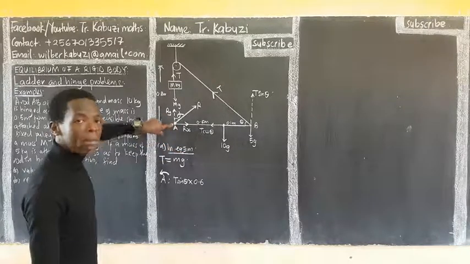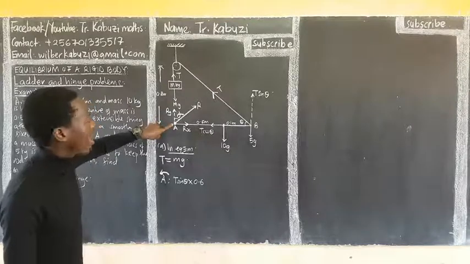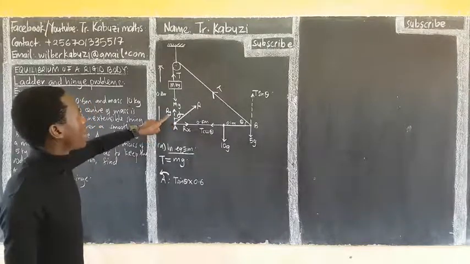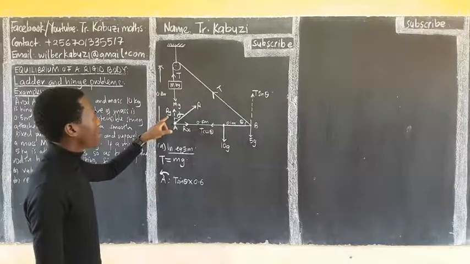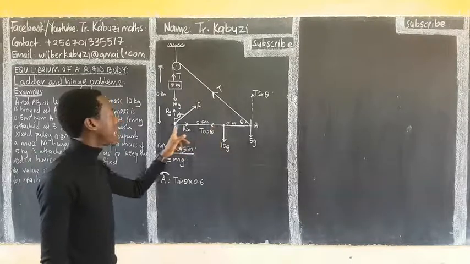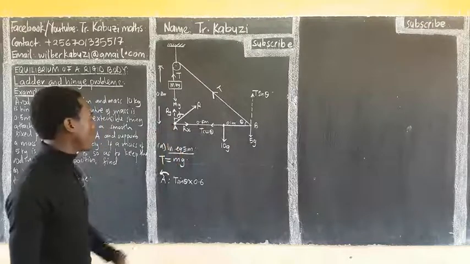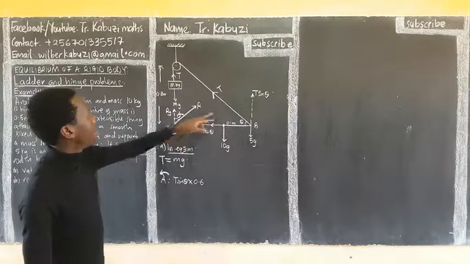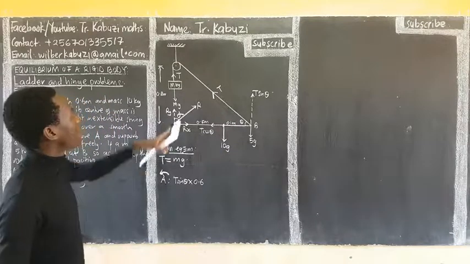Because the perpendicular distance from A is 0. At A, the distance you've moved is 0. So that's why the force is there, but there's no perpendicular distance. Even this one, T cos theta, is coming to A, so its moment is going to be 0. So the only forces surviving are this one and this one.